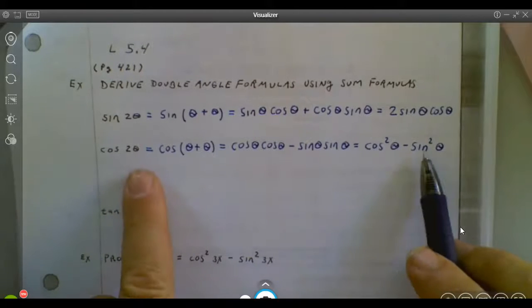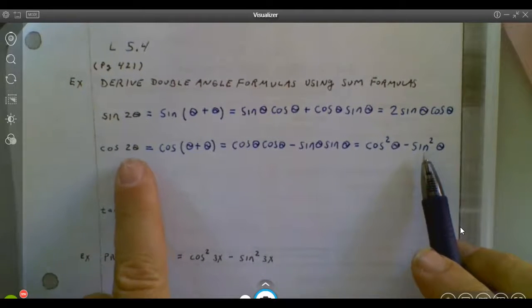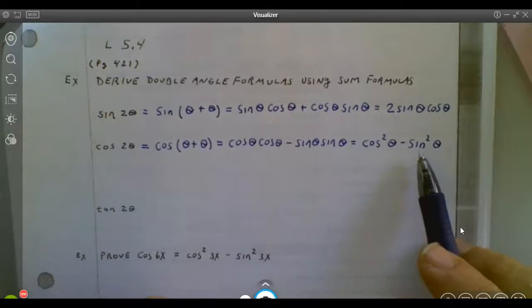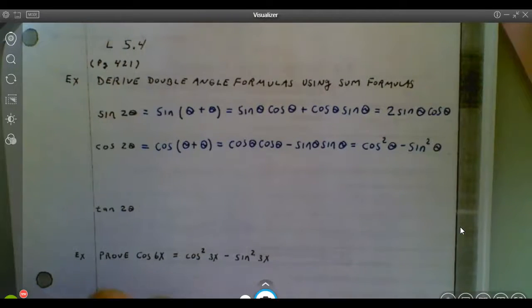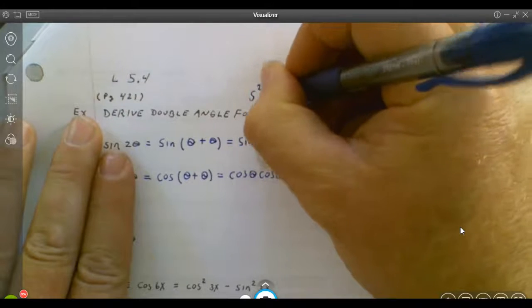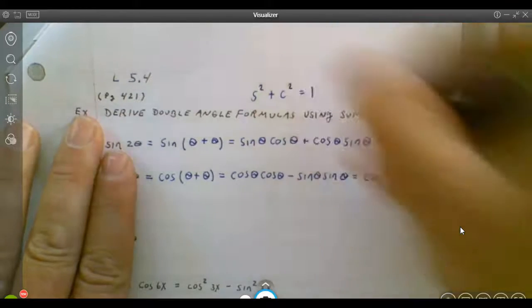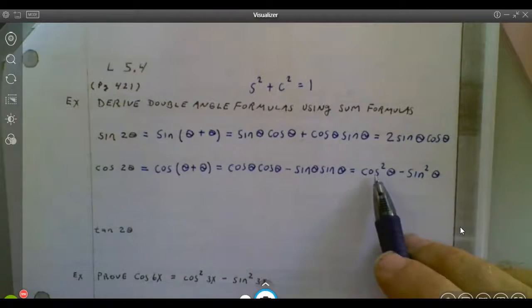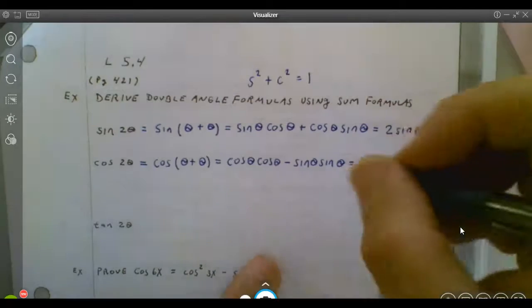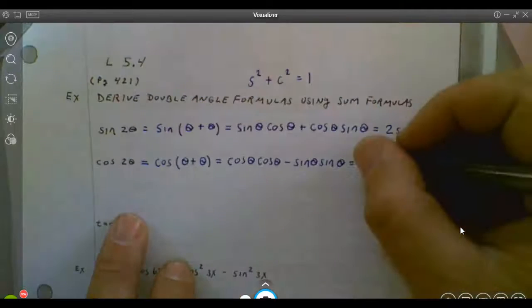And so that is one of our formulas for the cosine of 2 theta. The reason there are 3 formulas for this is because I could replace either one of those by using my Pythagorean identity. Remember, we got this identity that sine squared plus cosine squared equals 1, which means I could replace cosine squared with 1 minus sine squared. So here's one of them.